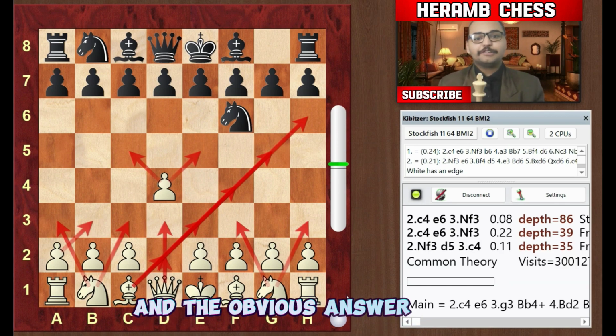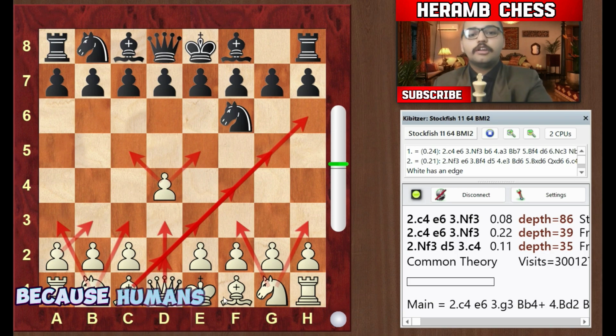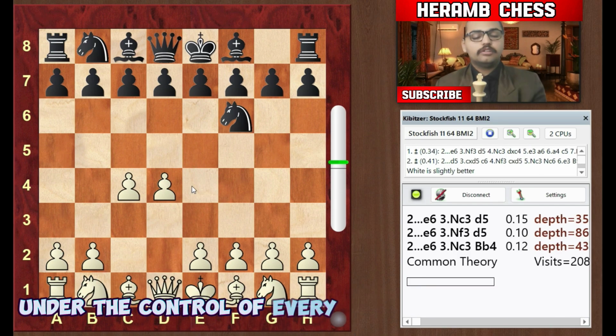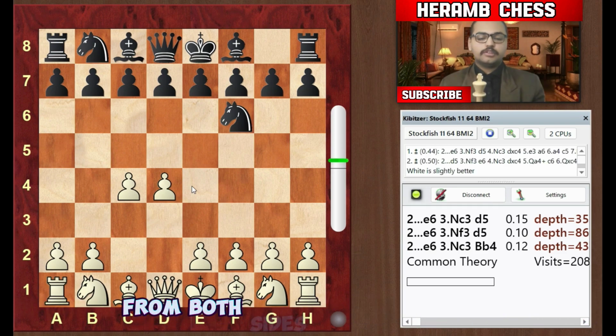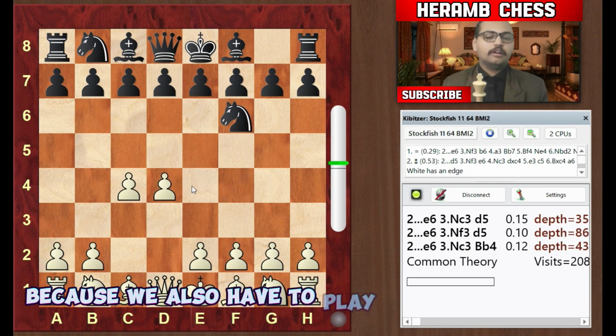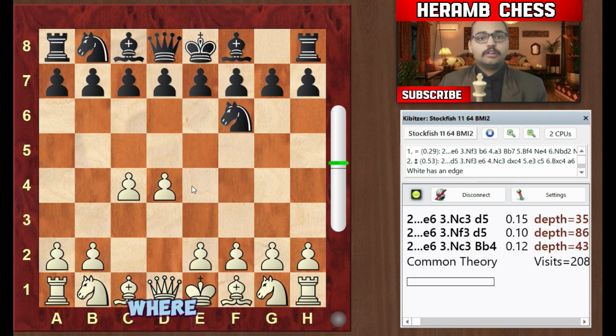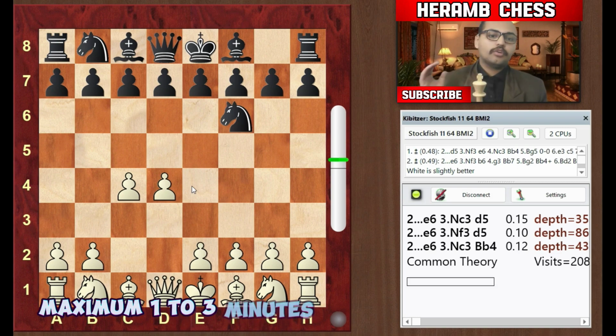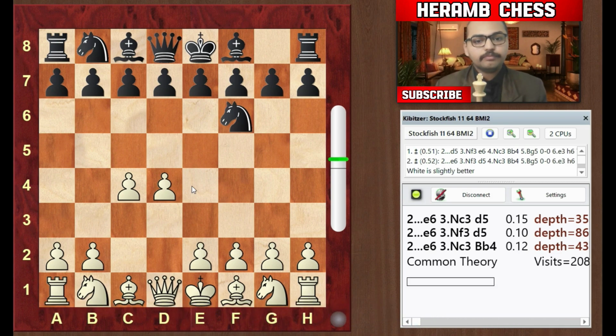And the obvious answer is no, because humans cannot calculate the number of squares under the control of every single piece and pawn from both sides at every single move. That is not practical, because we also have to play under the ticking clock, where there are time constraints and we have to find the best move in just a short period of time, where we get maximum 1 to 3 minutes for every single move.